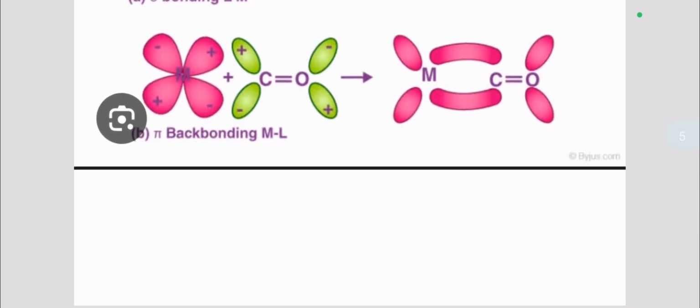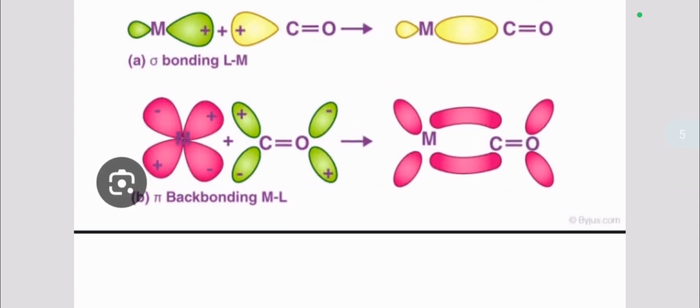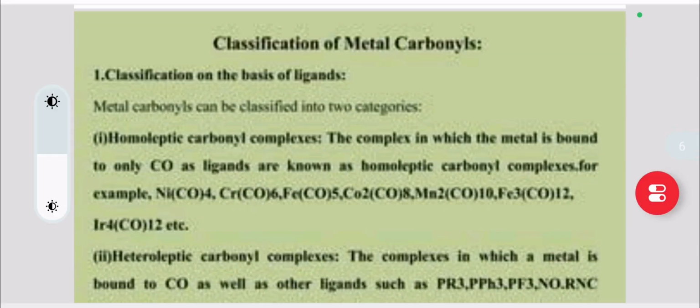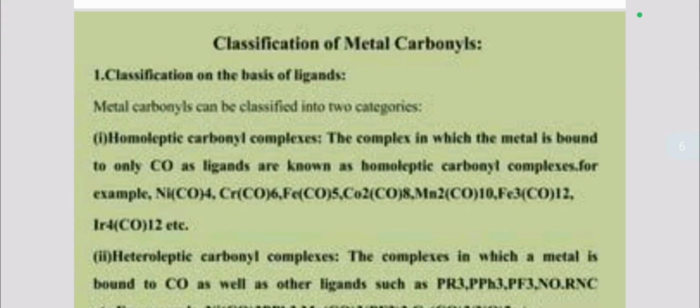Then we go to the classification of the metal carbonyls. There are two types of classification: homoleptic carbonyl complexes and heteroleptic carbonyl complexes.